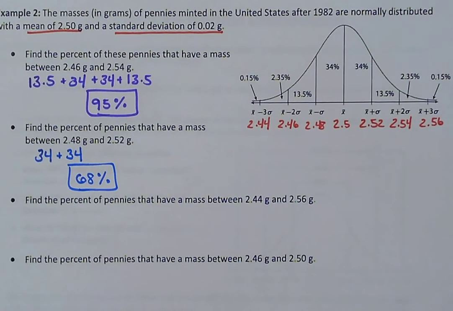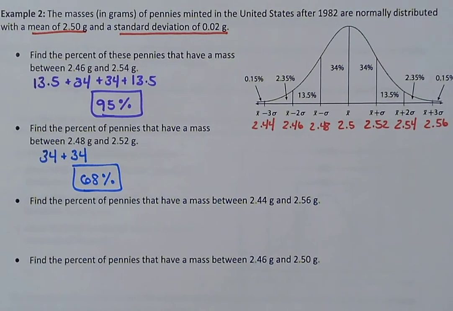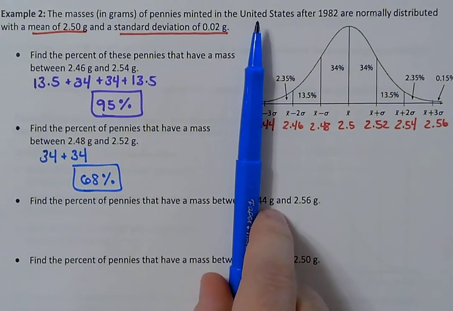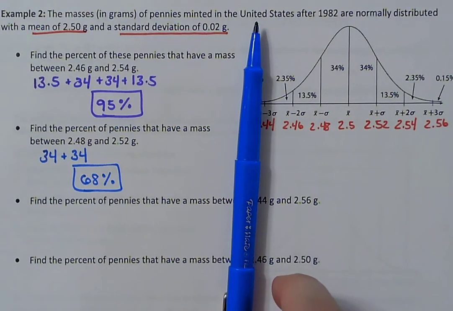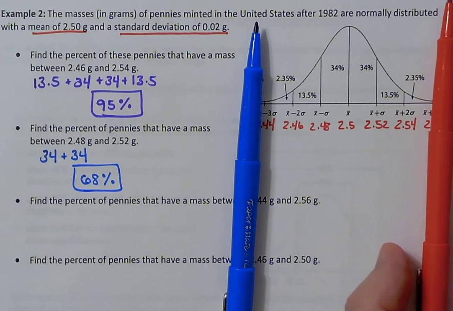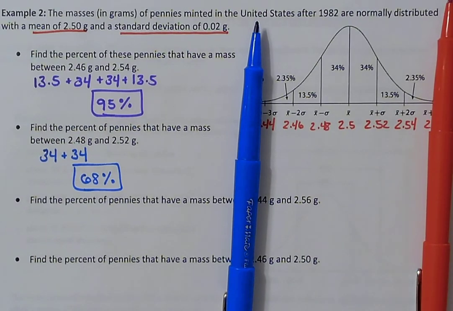All right, for our next one, we're looking at the percent of pennies that have a mass between 2.44 grams, so right there, and 2.56 grams. So we're looking between those two right there. So we have 2.35 all the way to the other 2.35.